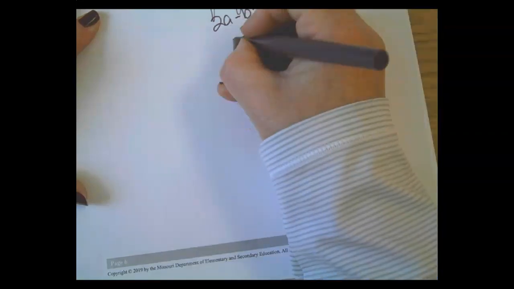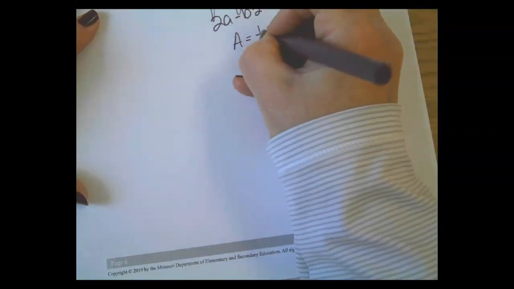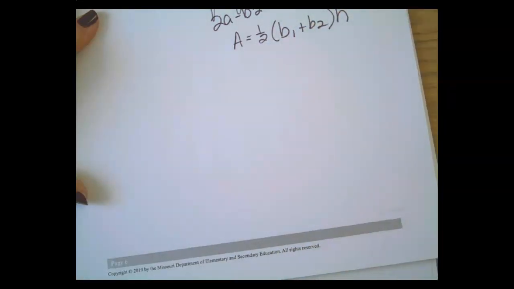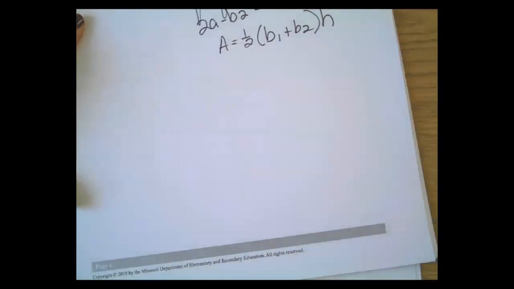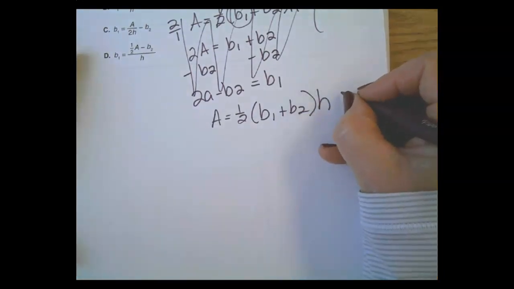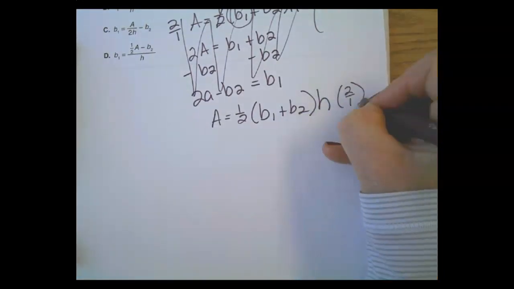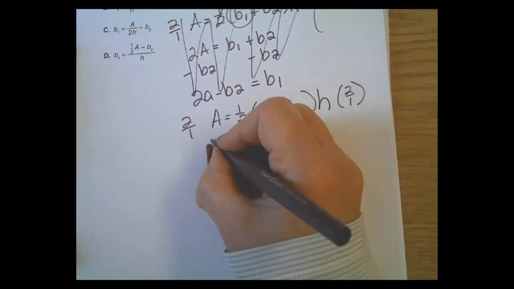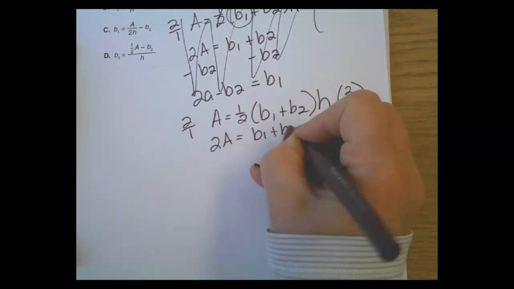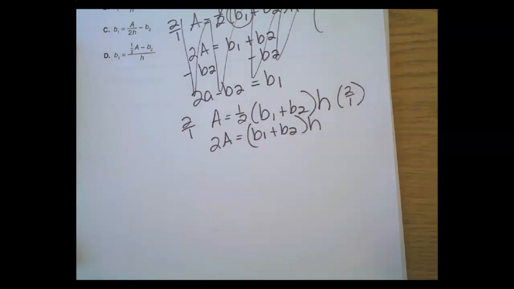So a is equal to 1/2 times b1 plus b2 times my height. Okay, so the first thing I'm going to do is, again, get rid of that fraction. So I am going to multiply both sides by 2/1. So this becomes 2a is equal to b1 plus b2, still in parentheses, times my height.